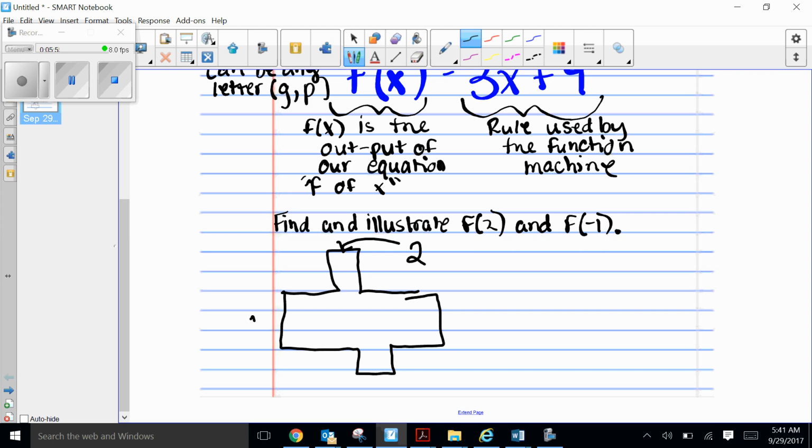And my actual function is 3x plus 4. So if I input 2 into my function, I'm going to plug 2 into 3x plus 4, and then I'm going to get an output, and that output's going to be 10. Because 3 times 2 plus 4 is 10. So I can also say that f of 2 equals 10.